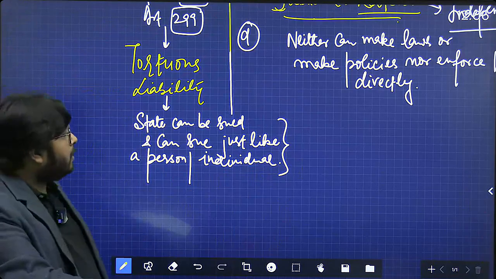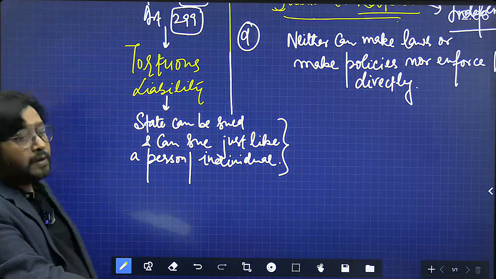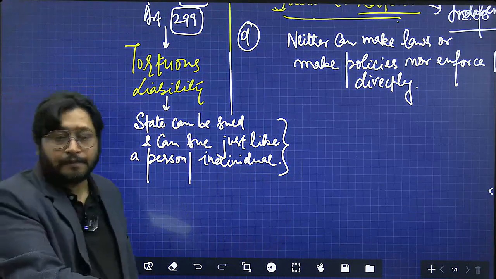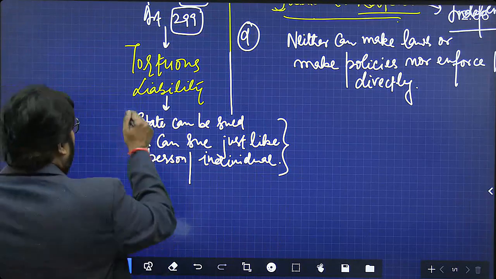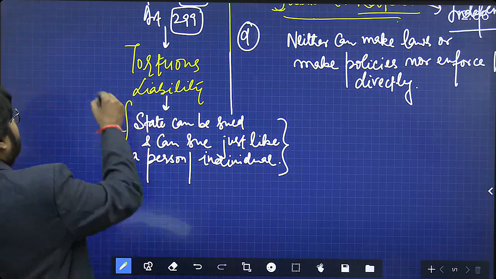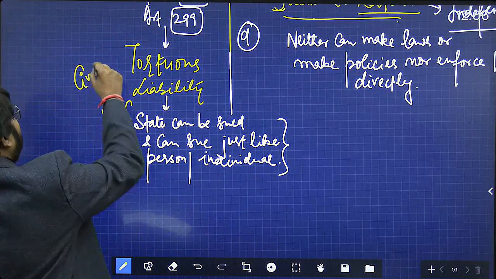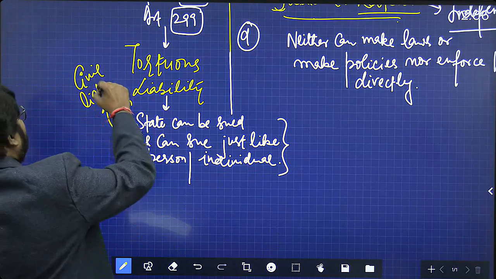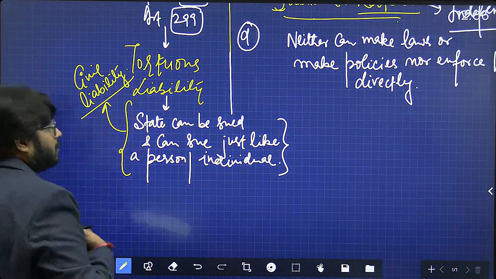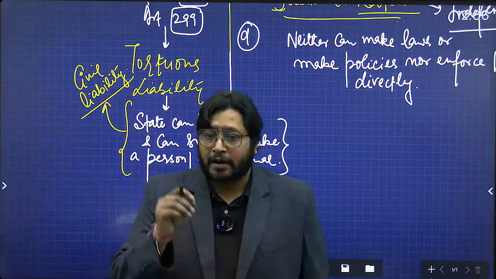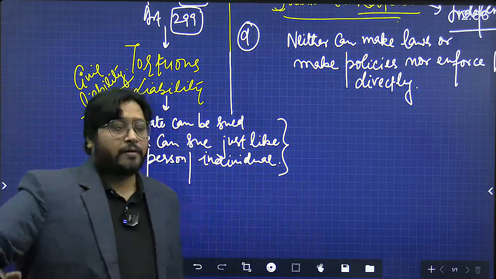The state can be sued and can sue just like a person or an individual. So under what conditions, right? Under civil liability. For criminal liabilities, obviously the state is not directly held responsible.